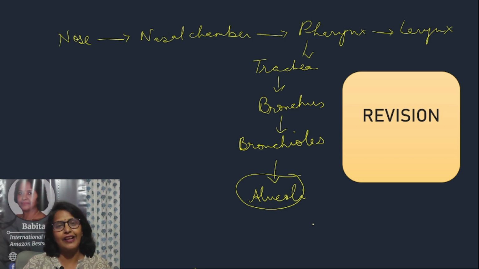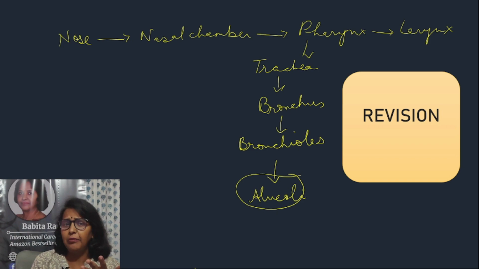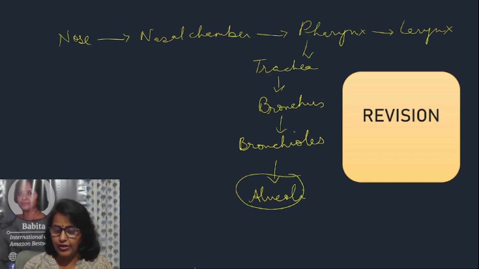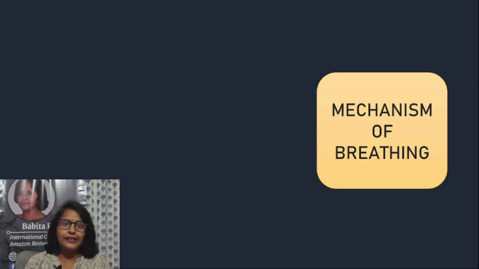For exchange of gases to take place, we have a very thin membrane present at the alveoli. Alveoli are highly coiled to increase the surface area, and alveoli are richly supplied with blood vessels because exchange of gases has to take place between alveoli and the blood. This is what we studied yesterday.